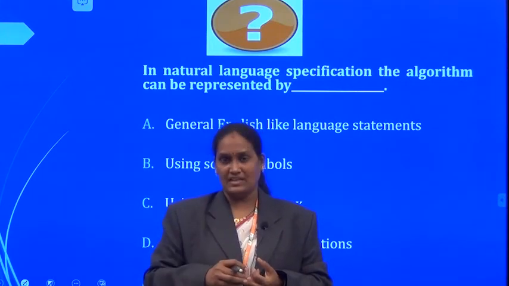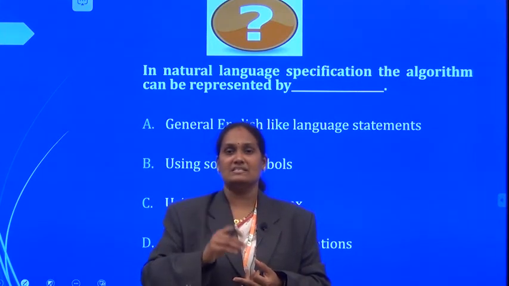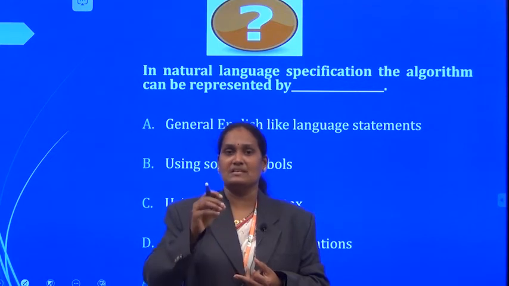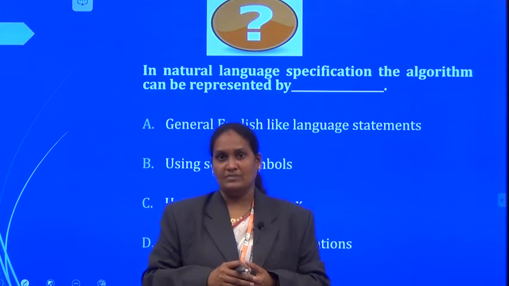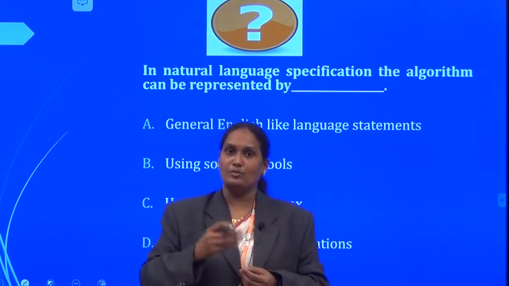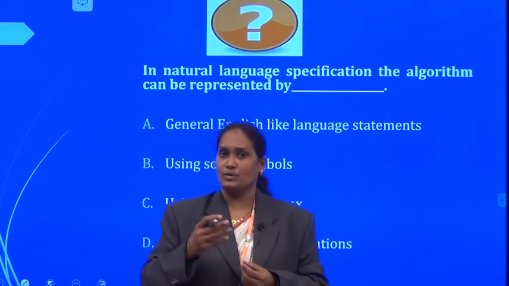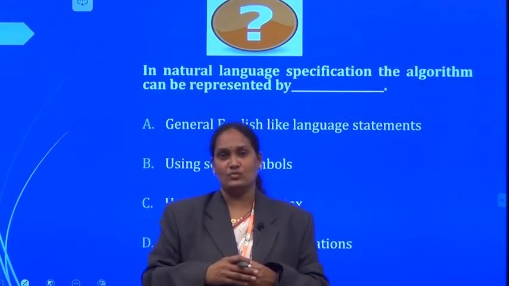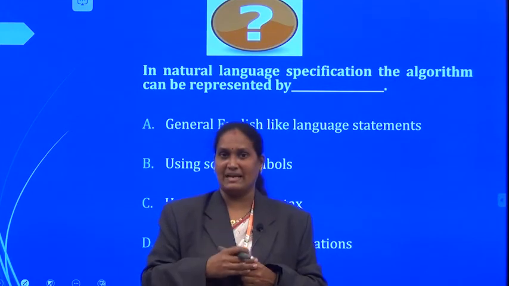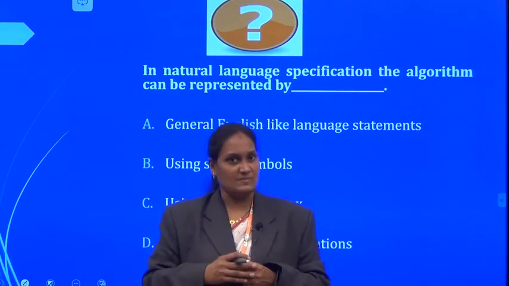In graphical representation, all the statements in an algorithm are represented using graphical symbols. Pseudocode is the combination of both natural language and programming constructs. We also saw the syntax we need to follow for writing various statements in pseudocode specification.